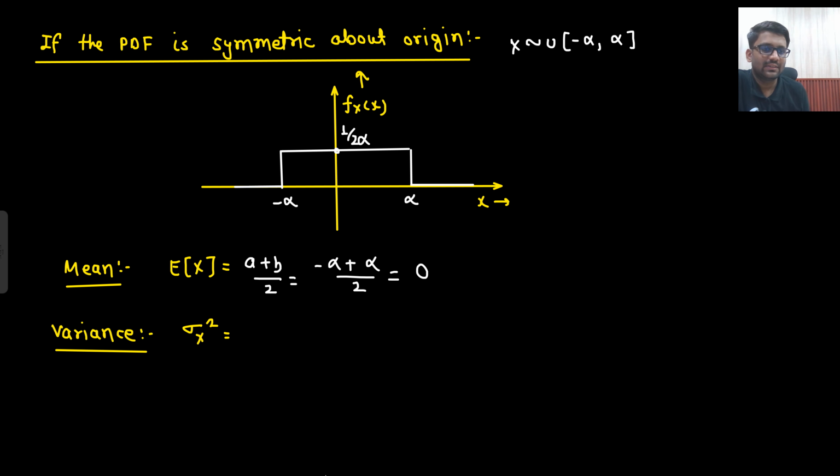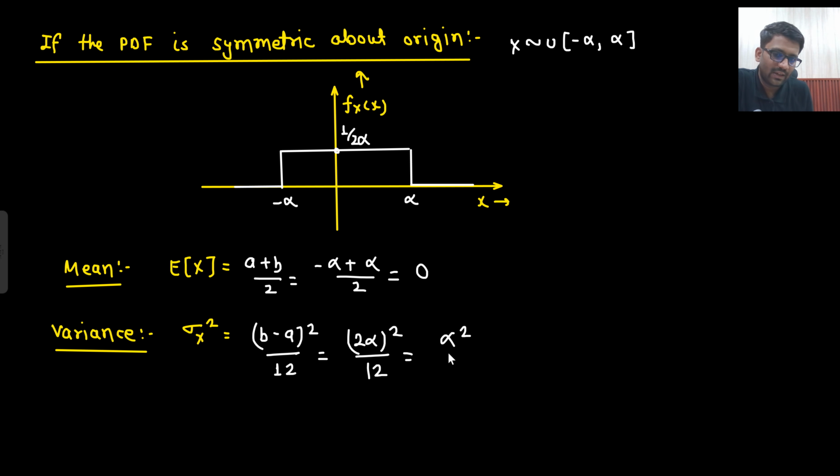And what about the variance? Variance formula was (b minus a) whole square divided by 12. So what is the total width? 2 alpha. (2 alpha) whole square divided by 12. So 4 alpha square over 12, basically you will be getting alpha square by 3. So this is the variance.